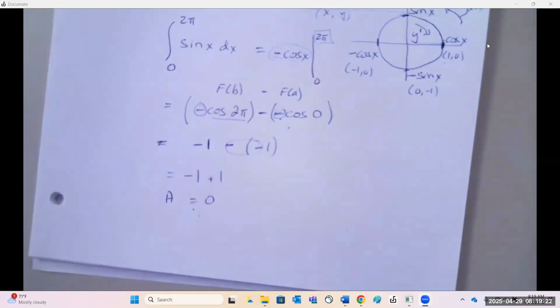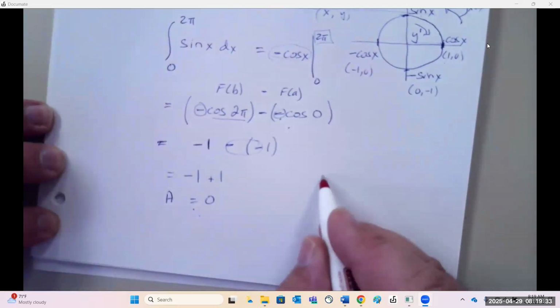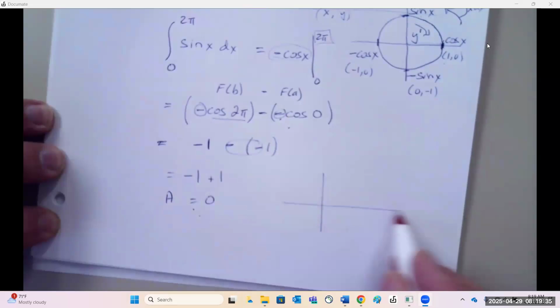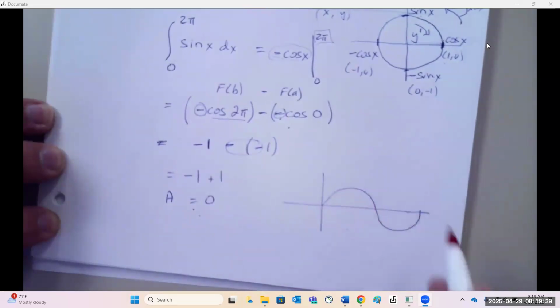That's an indication that you can't have an area of 0 for a function unless it's the x-axis itself. The reason it's 0 is because the graph of sine is symmetric.